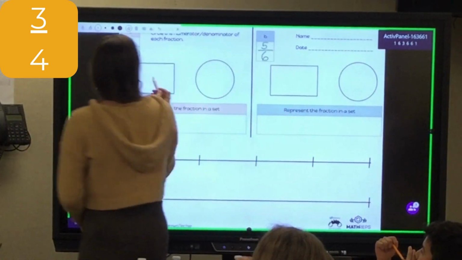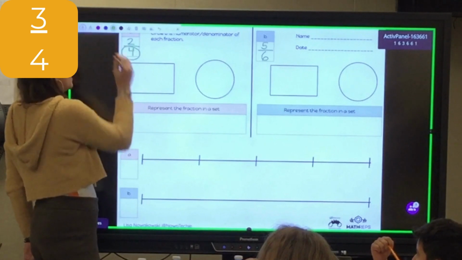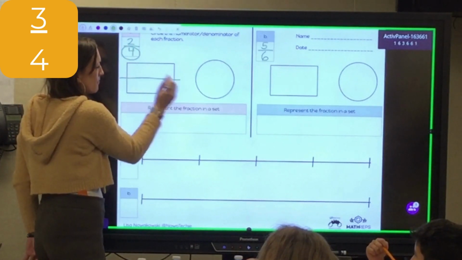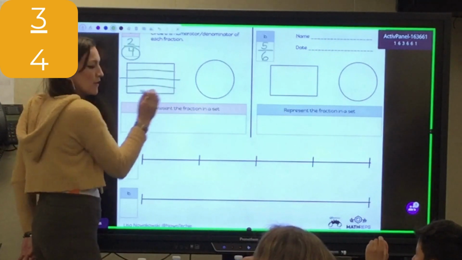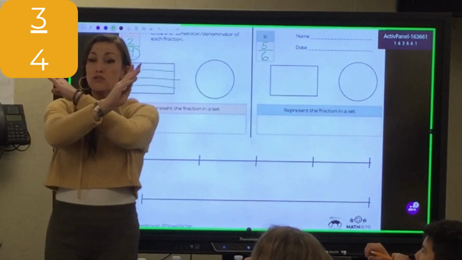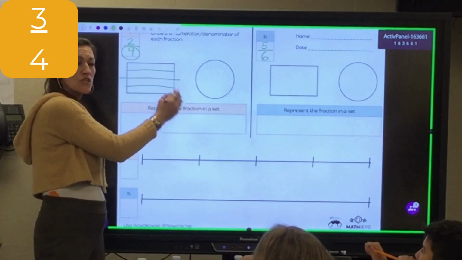The other way you can do this into fourths is if we go half this way, and then we're going here and here. Why can we not do an X for this shape?